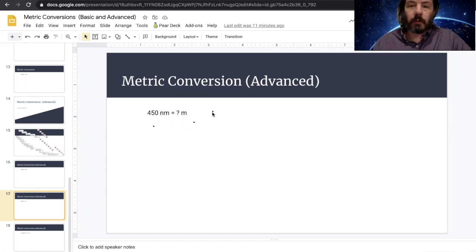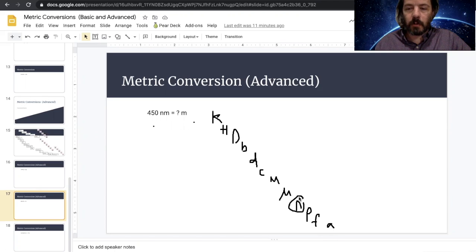We're still dealing with the small end of things. So King Henry died by drinking chocolate milk, missing no pinkies, Friday afternoon. So we're starting at nano, and now we're going to meters. So we're going to go 1, 2, 3 to micro, 1, 2, 3 to milli, and then centi, deci, and then meter, our base unit. So we go 1, 2, 3, 4, 5, 6, 7, 8, 9.